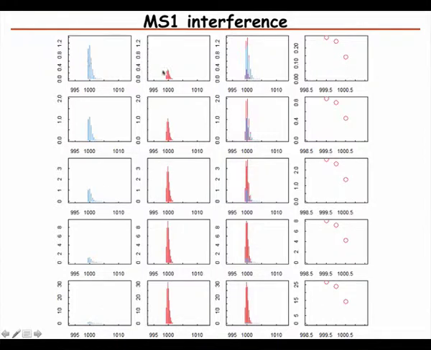And then we add on to this more and more interference. So what we can see then is we get more and more deviation from what we would expect, and higher error.